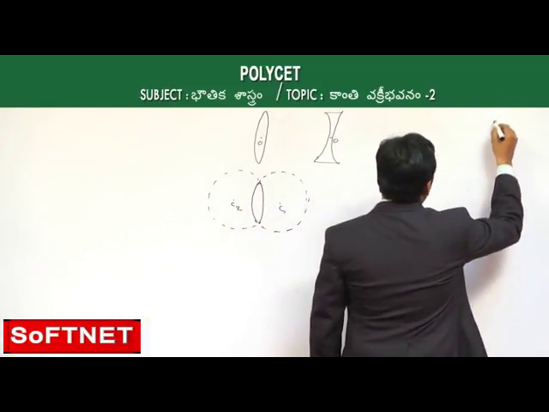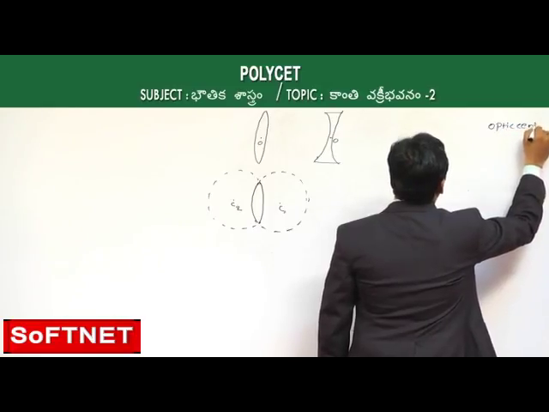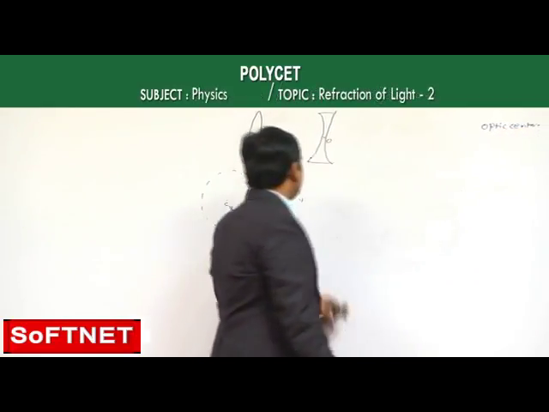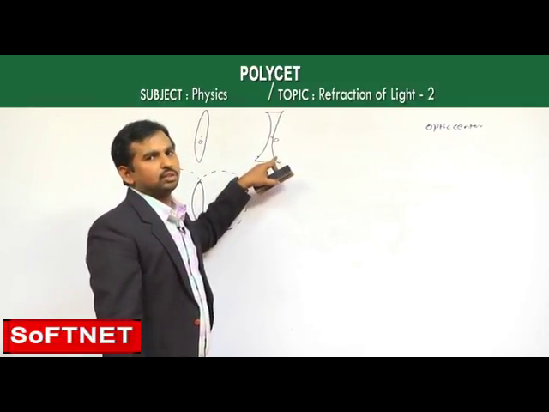So the first point is the optic center, which is the midpoint or the geometric center of the convex or concave lens.